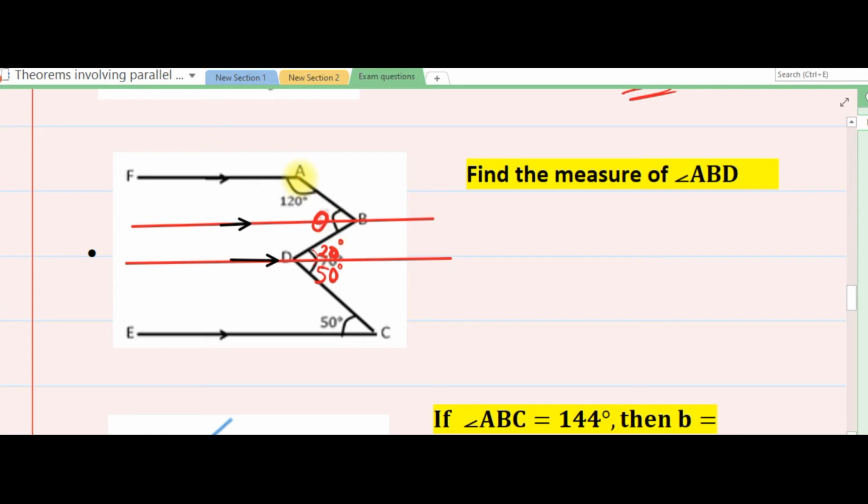Okay, let's extend this line. So you notice that here is 60 degree by angle on a straight line. So you notice that here is 20, this angle is 20, this 20 degree. Why here is 60?